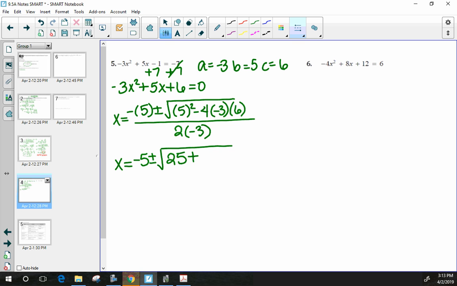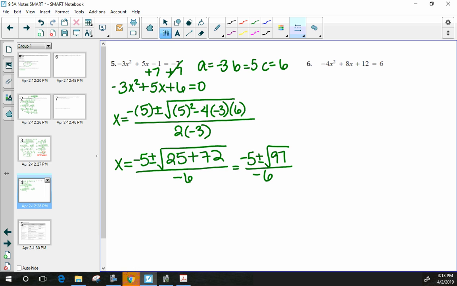That's what, 12 times 6, so I get 72 there. All of that over a -6. And then 25 plus 72, very good, gives me a -5 plus or minus the square root of 97 over a -6.